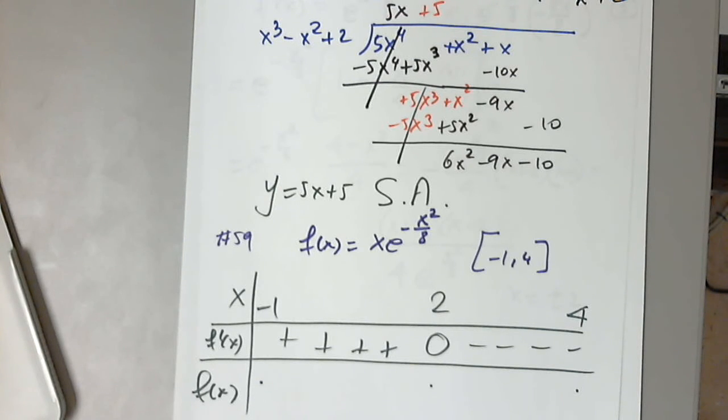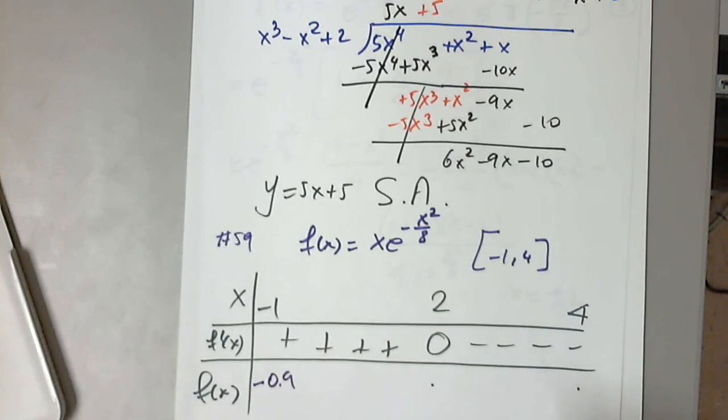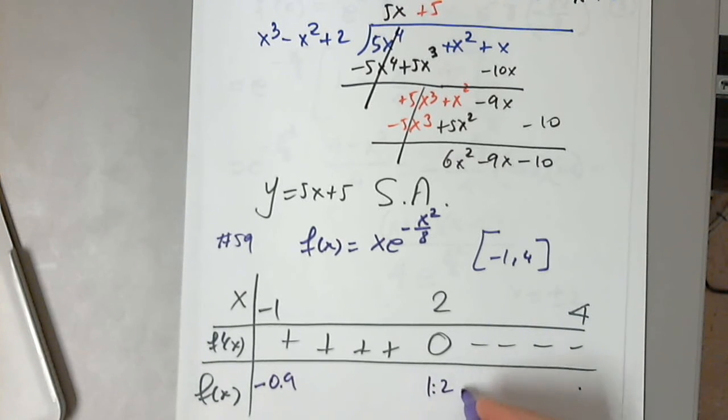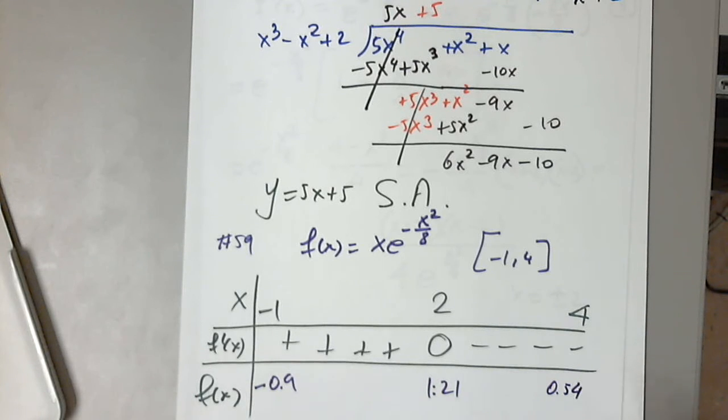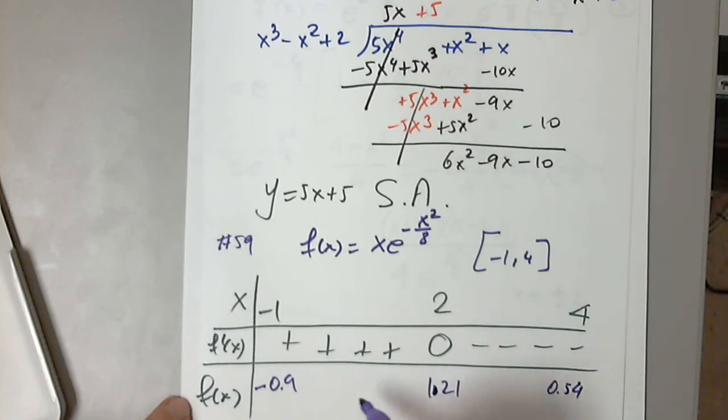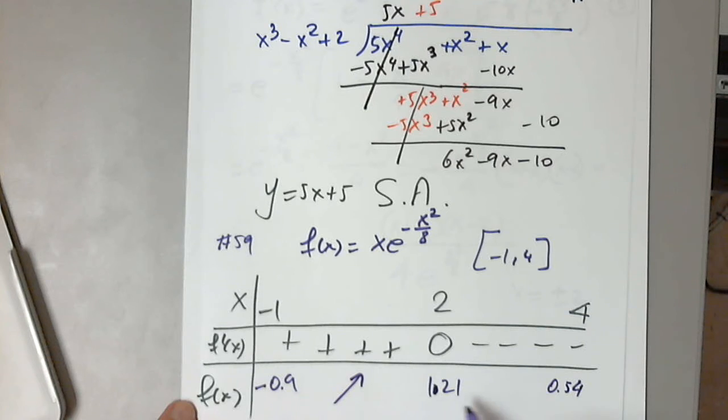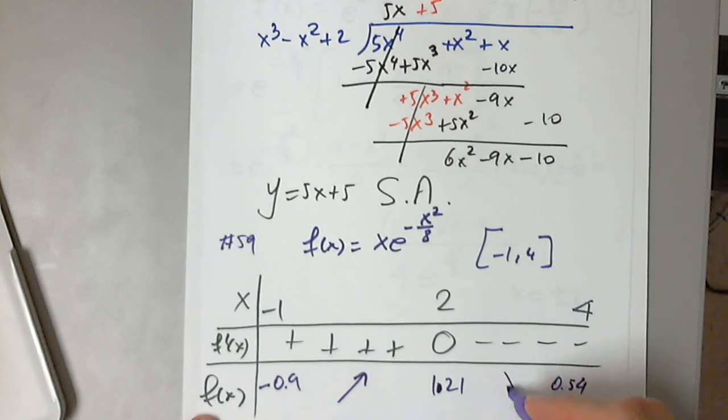So -0.9, at 2, 1.2, and at 4, 0.54. Okay. So now I have to make sure that the two rows, the f prime and f, work together. From -0.9 to 1.2, yes. True. From 1.2 to 0.54, yes.